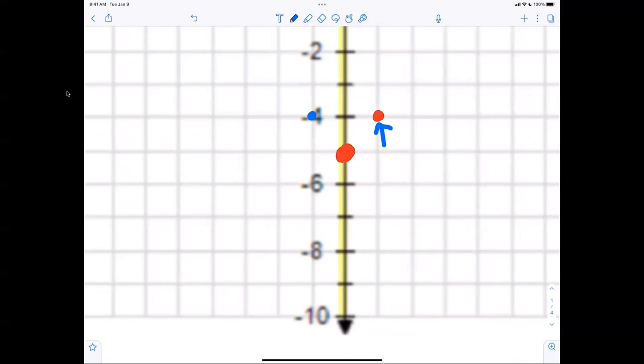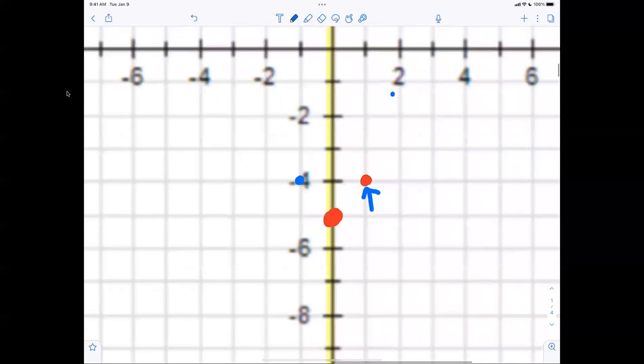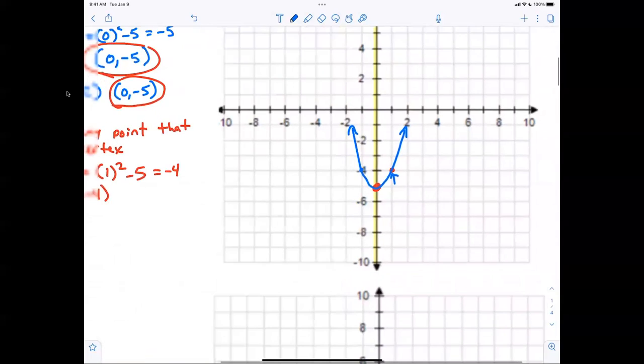Now, generally, it's better to pick more points, but we know the parabolas all look the same. And the parabola is going to look like this. So all you have to do is make that little parabola right there.